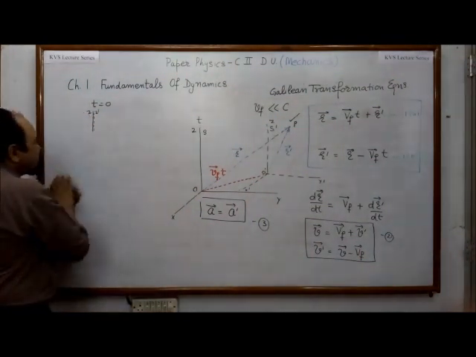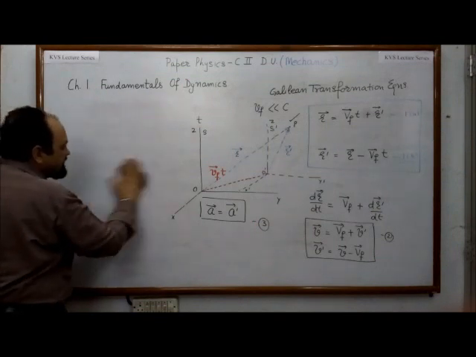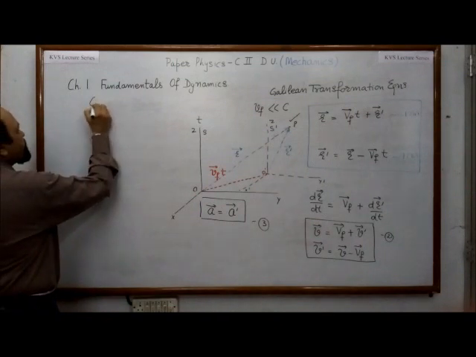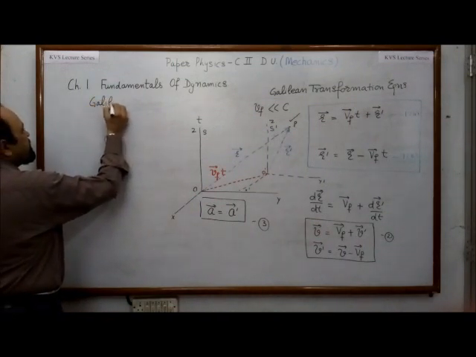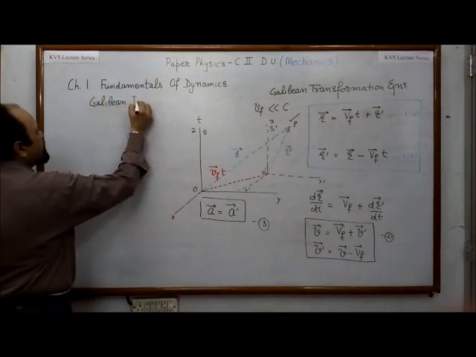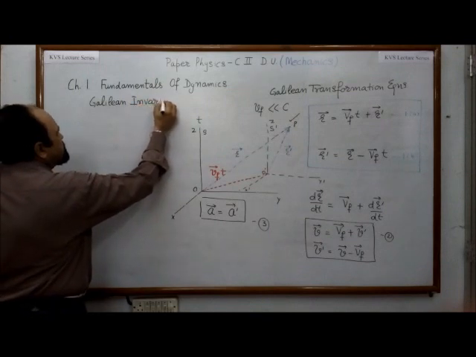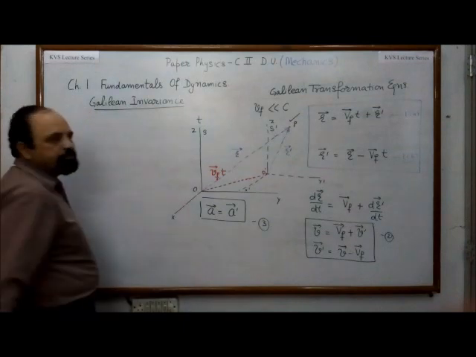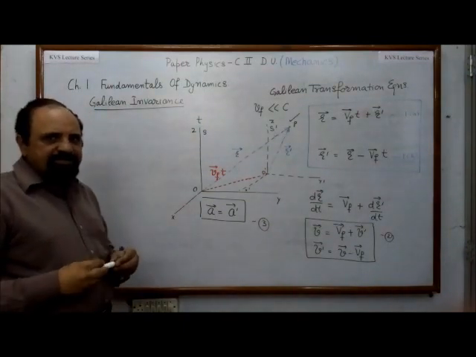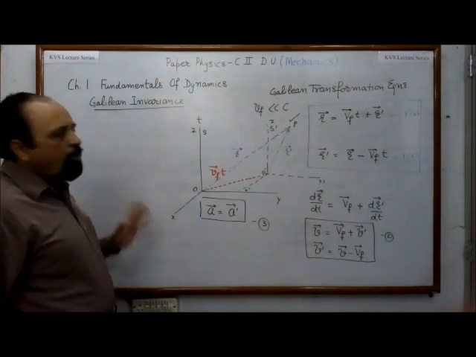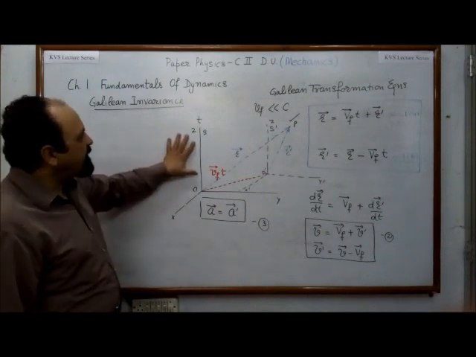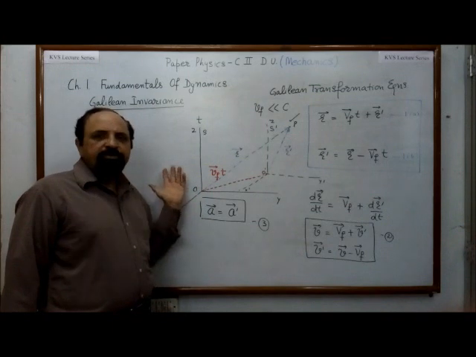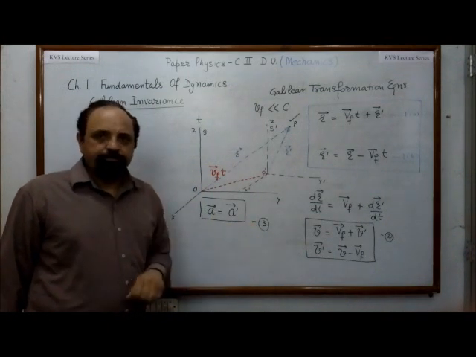There is a term associated with this that is called Galilean invariance. The meaning is, when I transform a physical quantity from S frame to S' frame or vice versa, the value of the quantity remains the same.